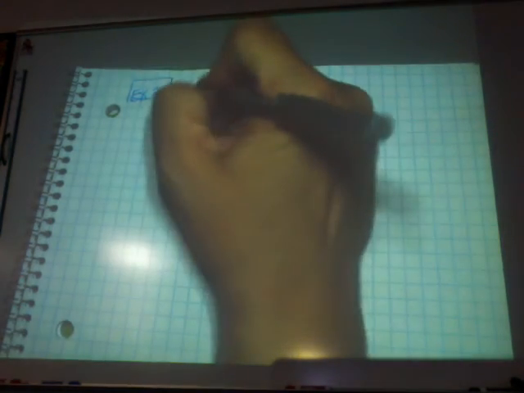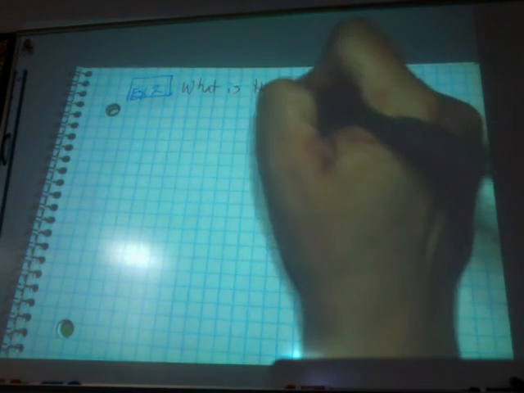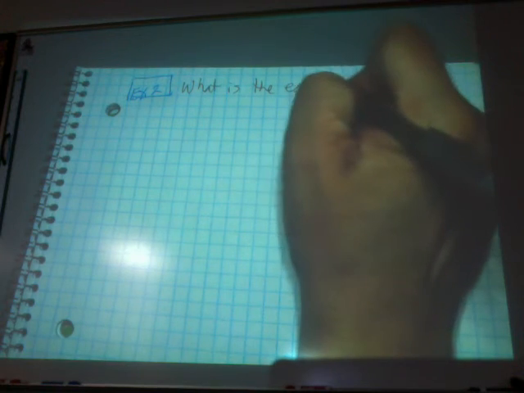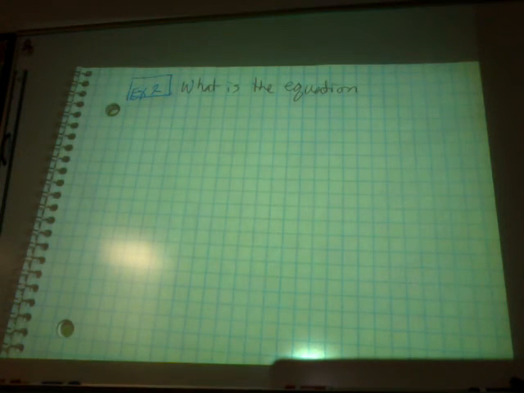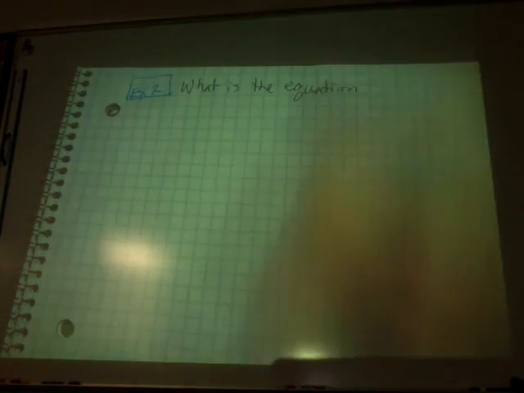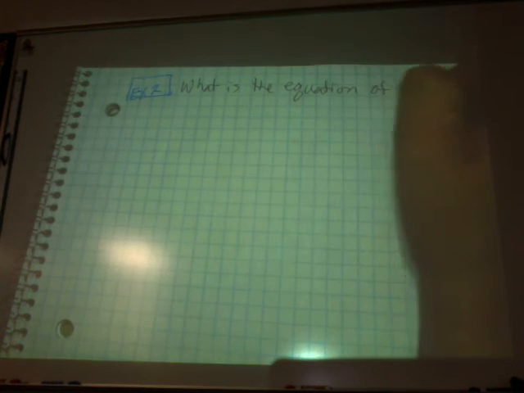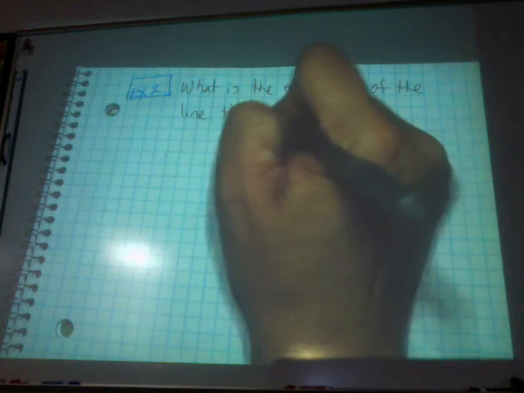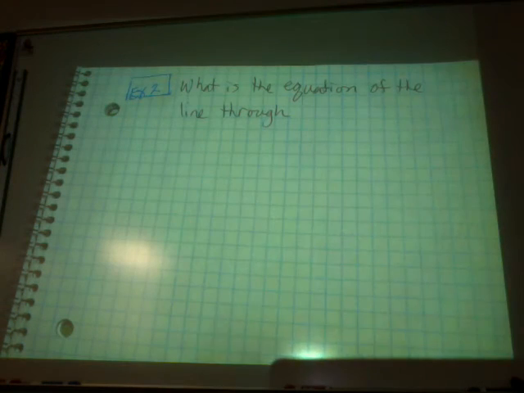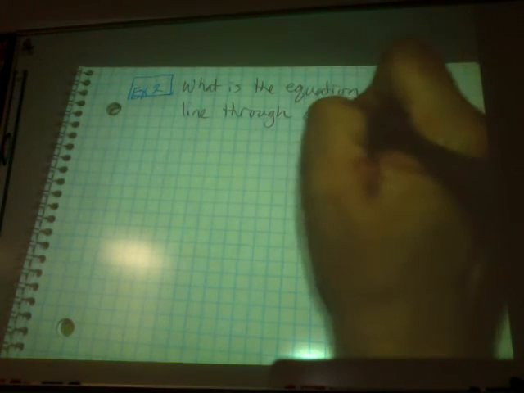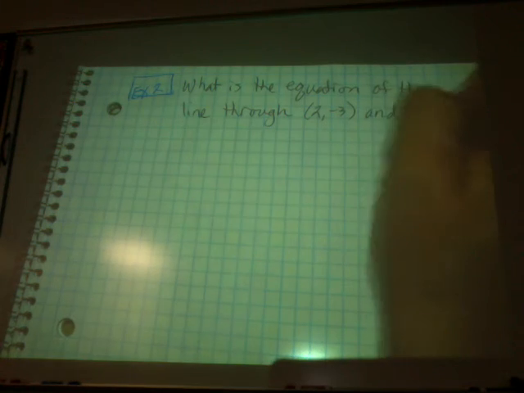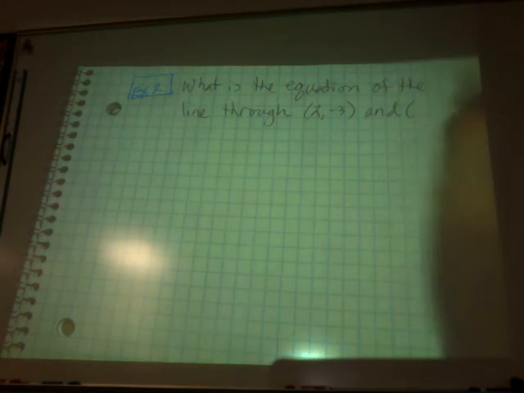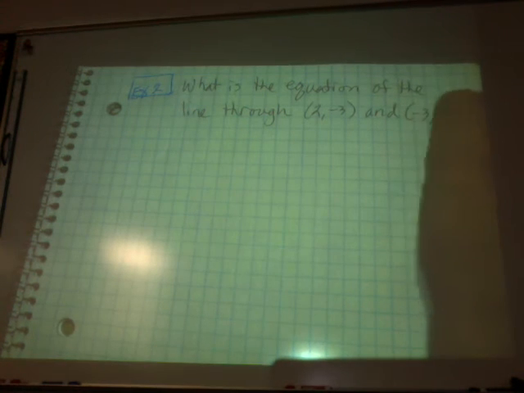What is the equation of the line through 2, negative 3, and negative 3, 7.